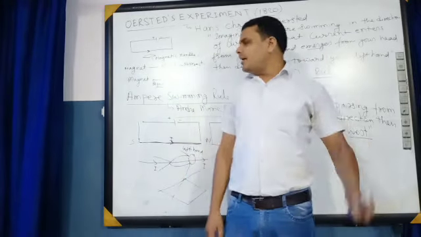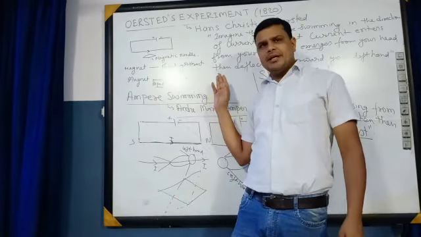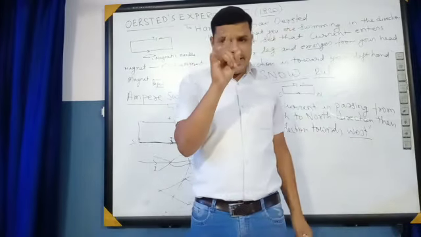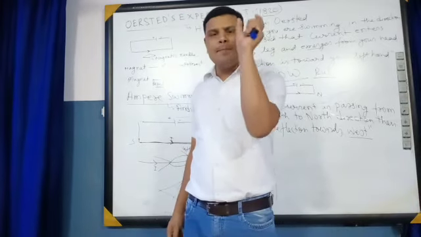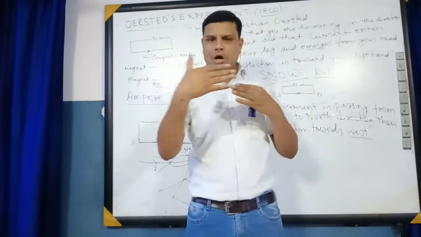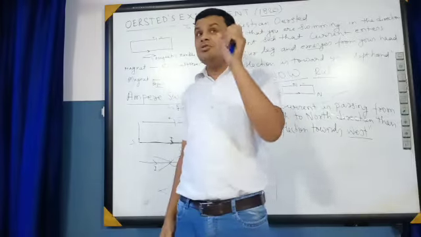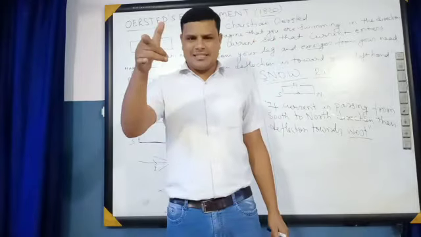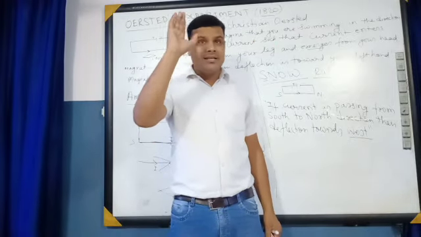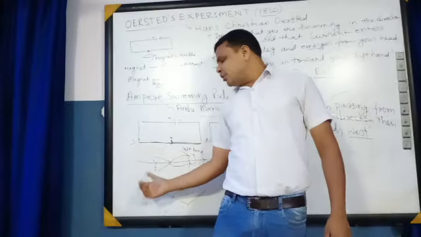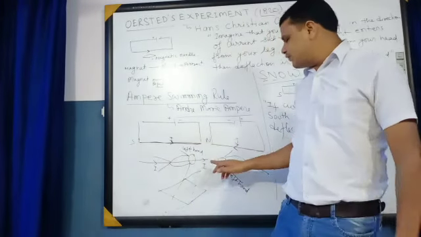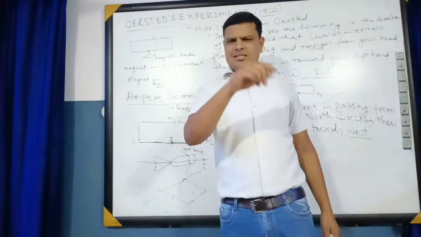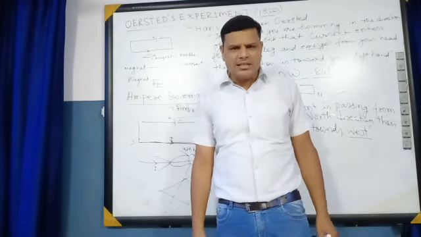The second thing we have learned about is the Ampere swimming rule. According to the Ampere swimming rule, imagine that a person is swimming in the direction of current, such that current enters from the leg part and emerges out from the head part.